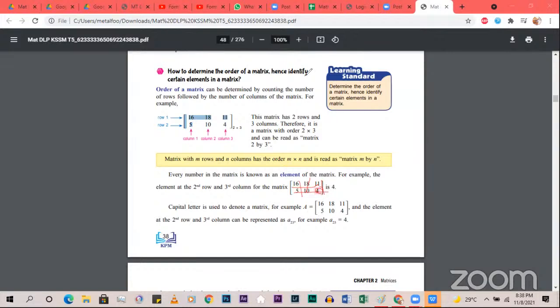Capital letter, row by column. A capital letter is used to denote a matrix. For example, A equals 16, 5, 18, 10, 11, 4, and the element at the second row and third column can be represented as A23, so A23 is 4, right?